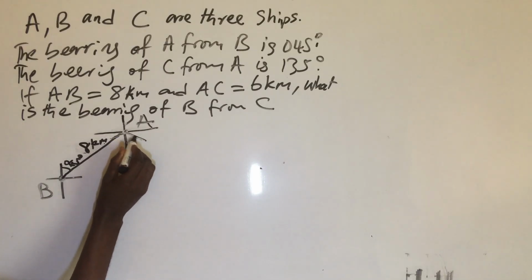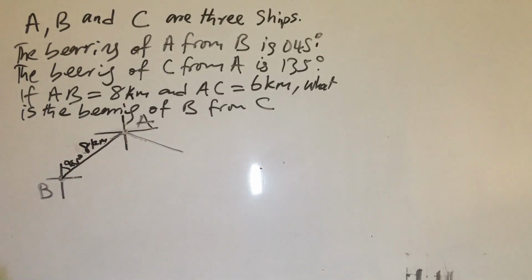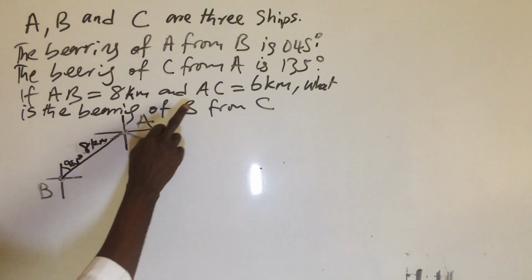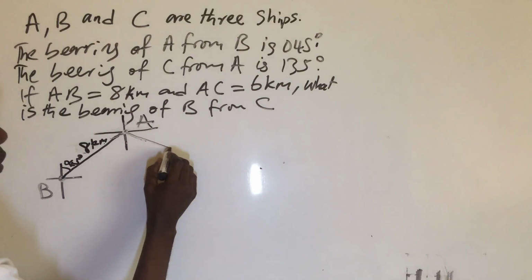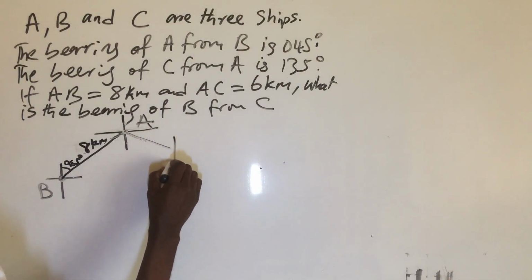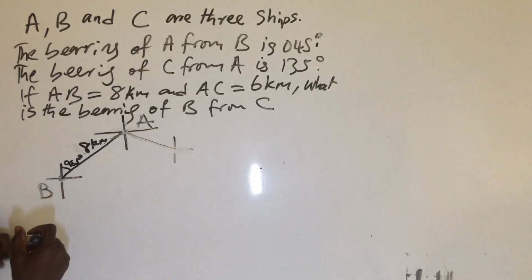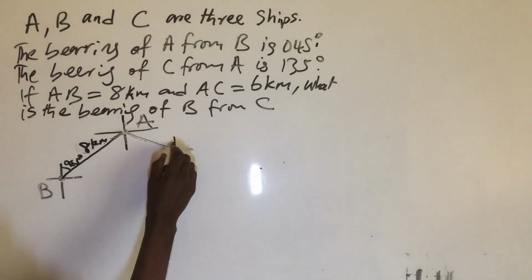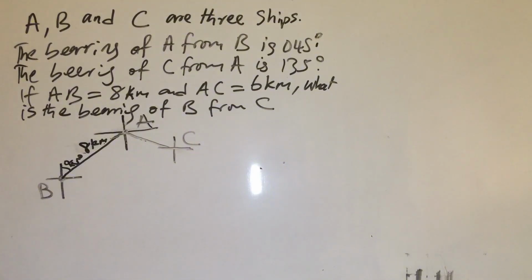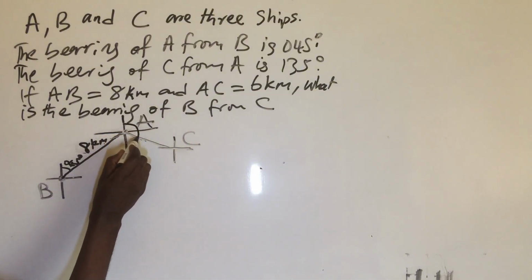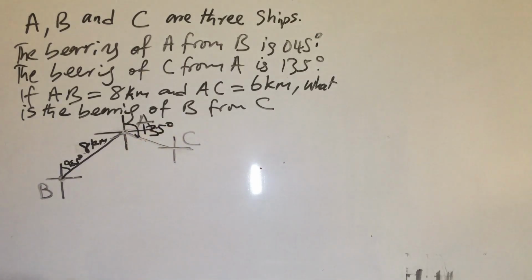This time around, it only reaches 6 kilometers. It said AC, 6 kilometers. So this is our ship C now. Getting our four cardinal points, this is our ship C. From here to here is 135 degrees.